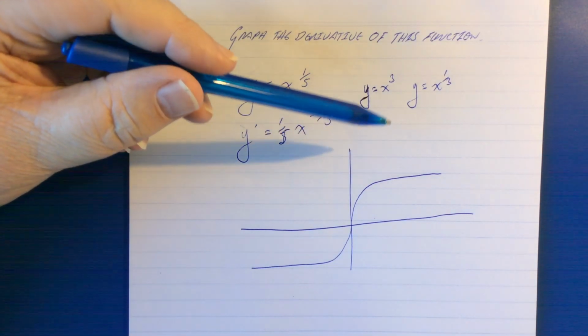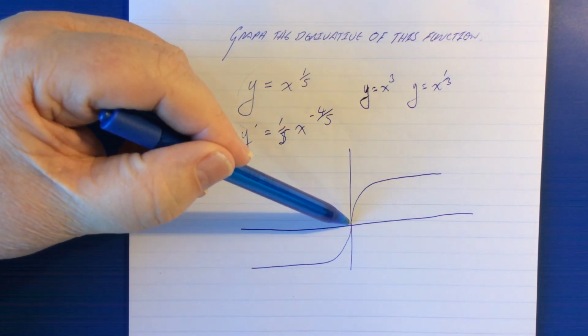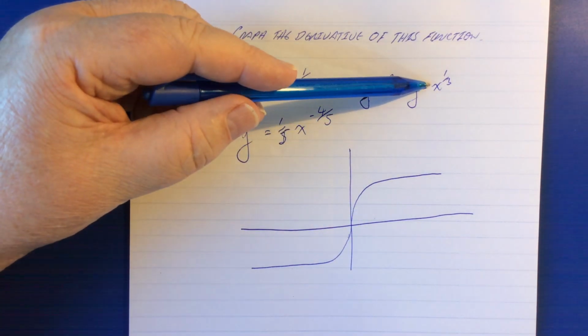Now, this has a longer, flatter area in here than, say, this graph.